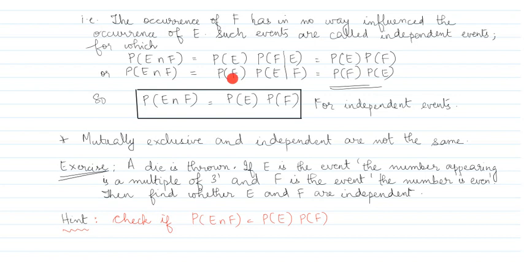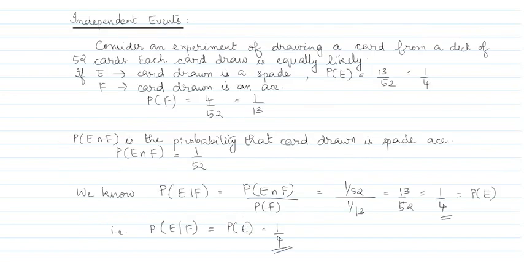Similarly, P of E intersection F can also be defined like this: P of F times P of E given F. But just from this example that we saw here, we saw that P of E given F has occurred is the same as P of E.